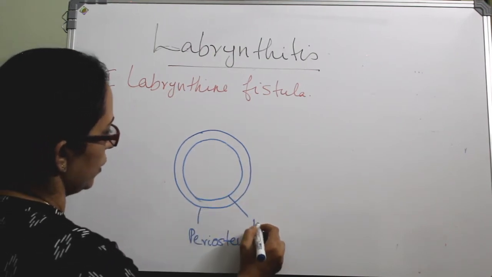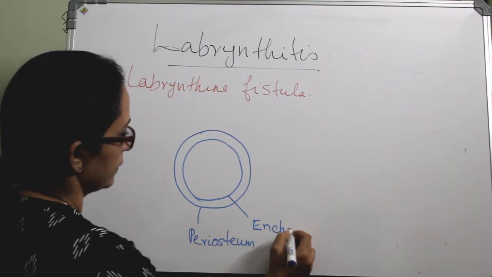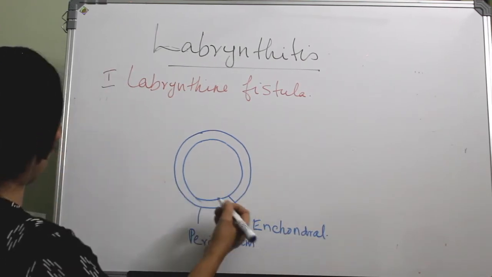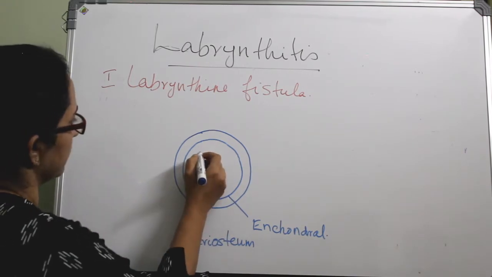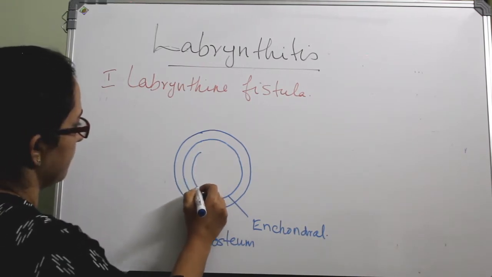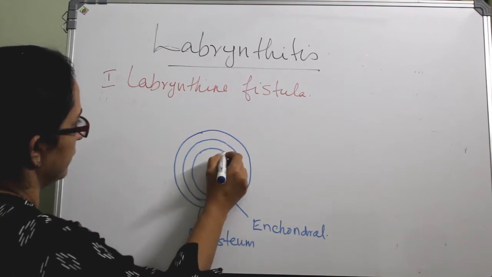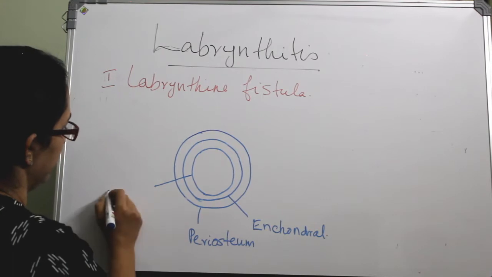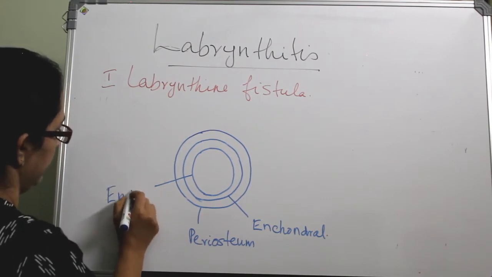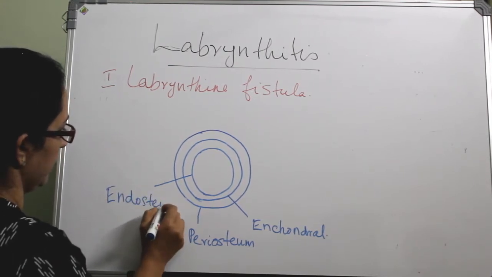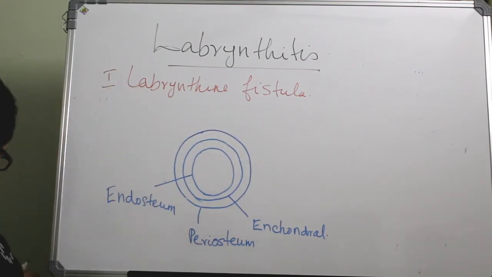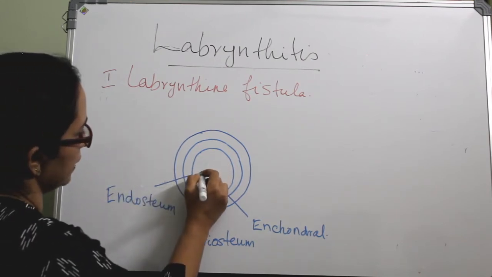This is the endochondral layer. And inside the endochondral layer comes the endosteum. All 3 form the bony labyrinth, and inside the bony labyrinth comes the membranous labyrinth.